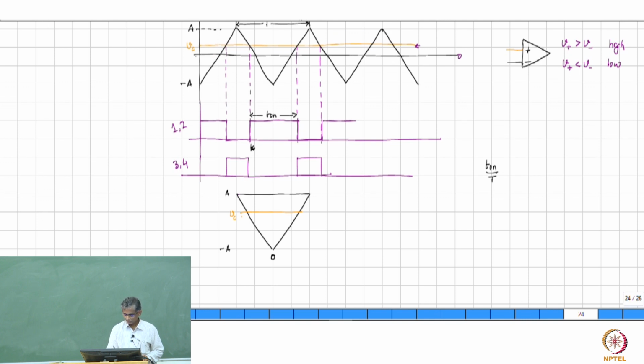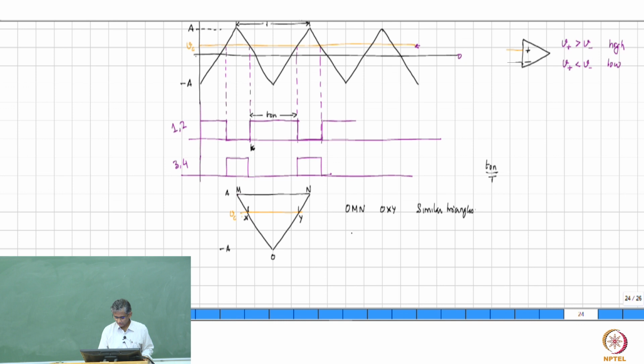So let's call this OMN and XY. OMN and OXY are, what are they? Similar triangles. And we need to find out what is this duration, right?